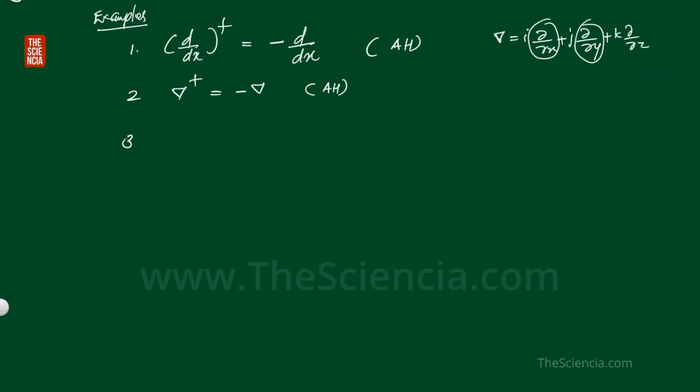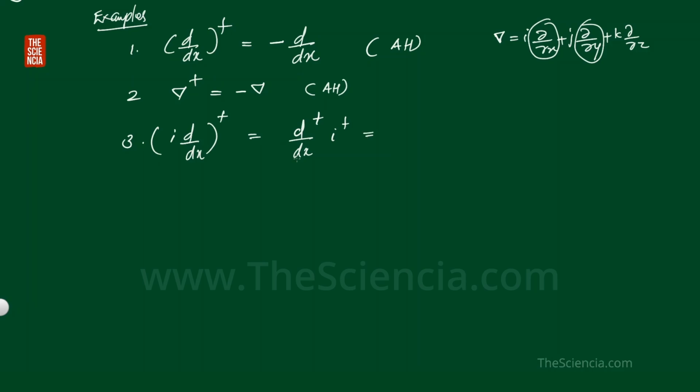Now the third example, that is i d by dx dagger. Earlier when we were discussing the properties, I told you how we can take the dagger into the bracket. First you have to take d by dx dagger, because these are operators, so order is very, very important. So d by dx dagger, then i dagger.